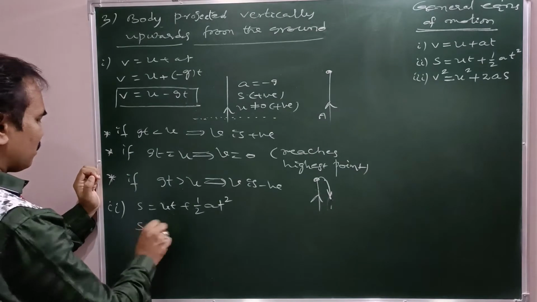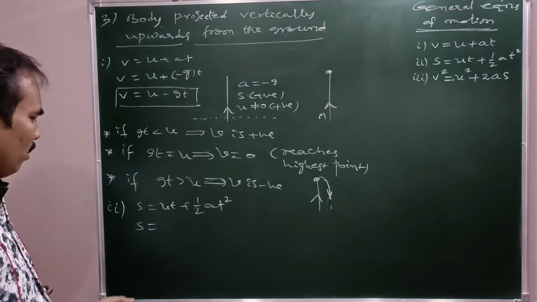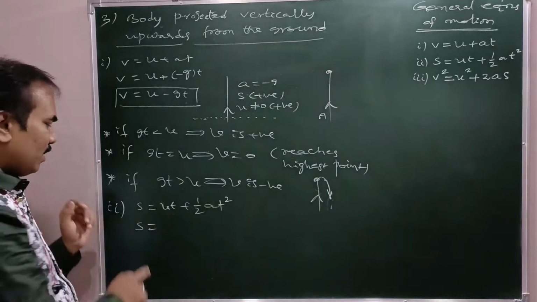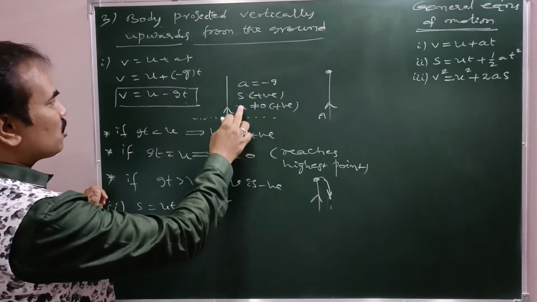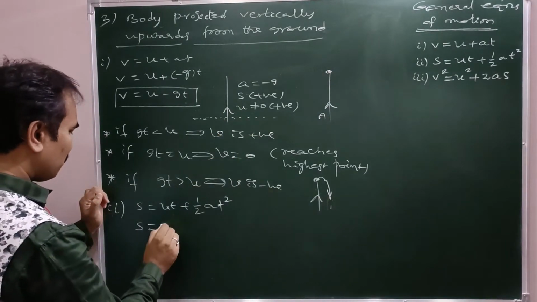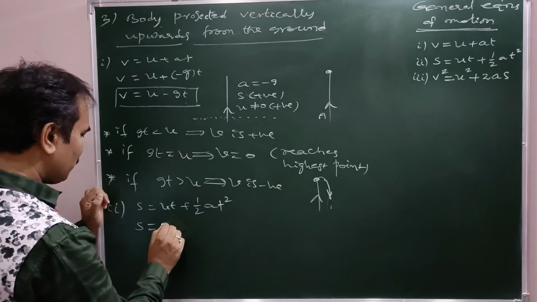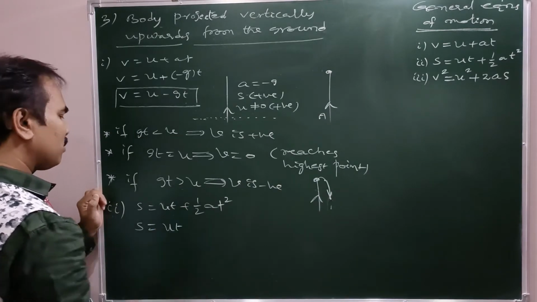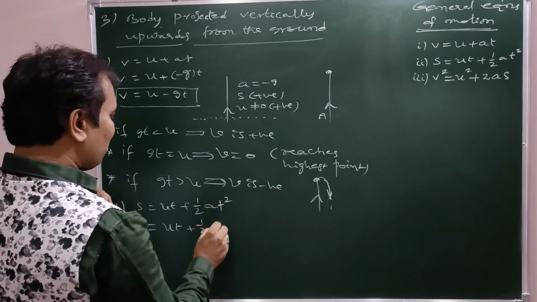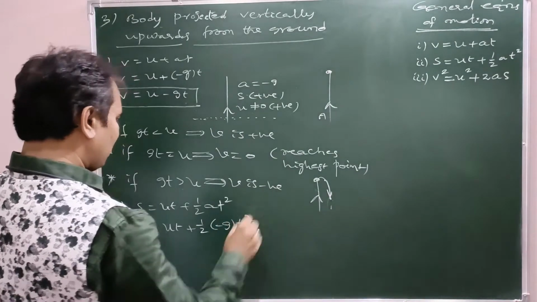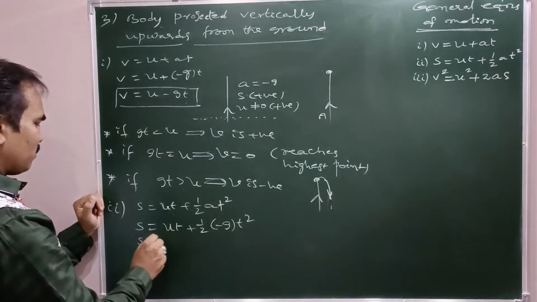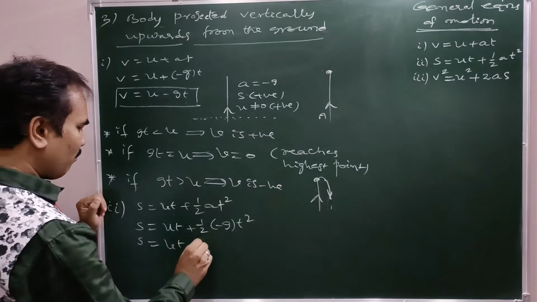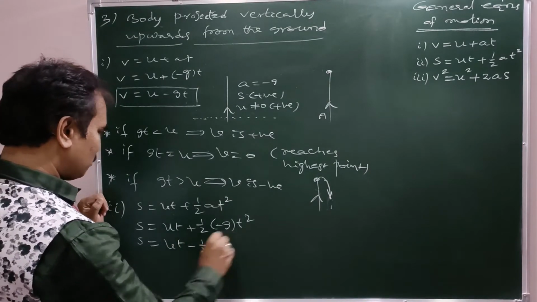Now s is unknown, for example. Don't take a negative sign for an unknown quantity. s equal to u, positive or not? Yes, positive but non-zero. So u is plus u. ut is also positive, plus half into a, which means minus g, into t square. That is, s becomes ut minus half g t square.